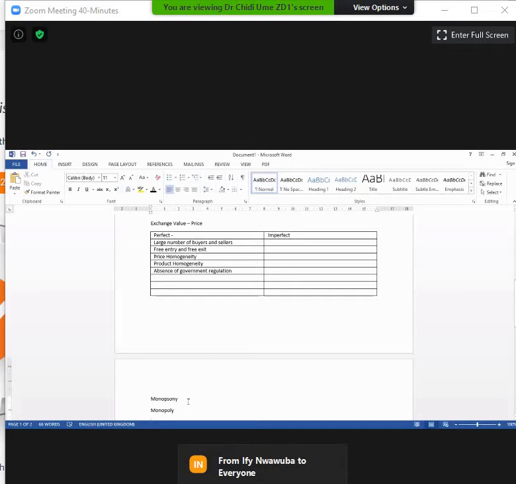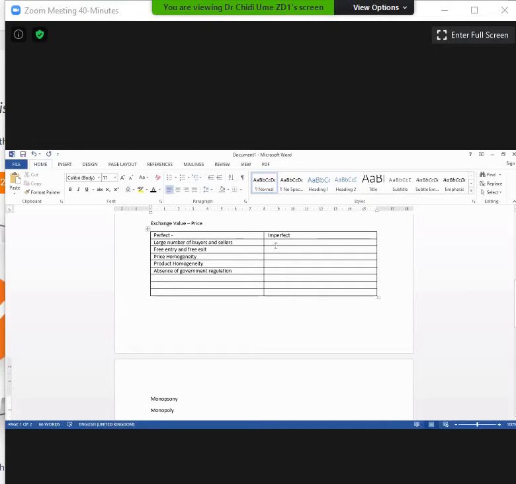A monopsony. When it is a seller's monopoly, it is called what? Monopoly. When you have just a seller of a particular product without close substitutes, it becomes an imperfect market. That means the market has restrictions, has barriers to competition.